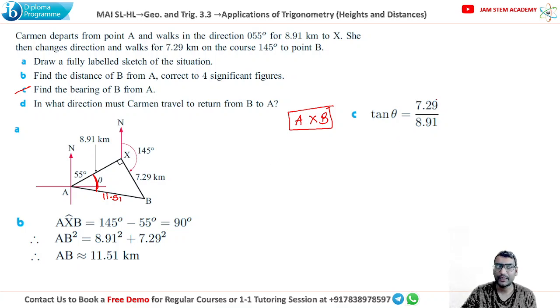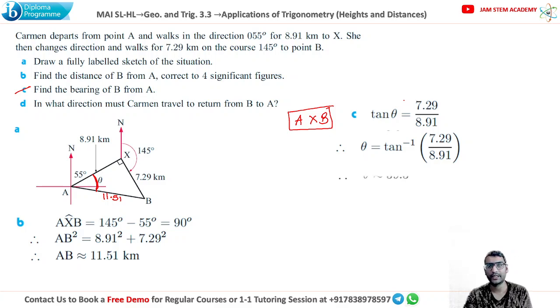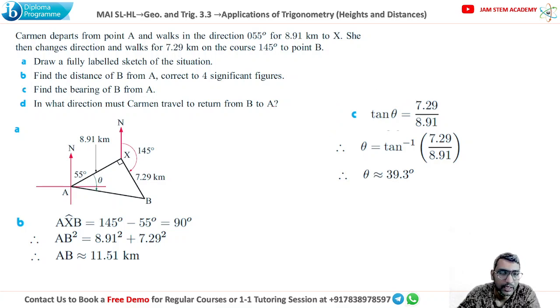So from here we can get the value of theta, which is arctan of 7.29 over 8.91, and that comes out as 39.3 degrees. So we got the value of this angle theta as 39.3.